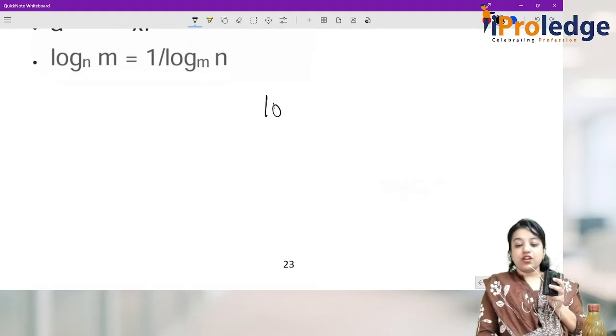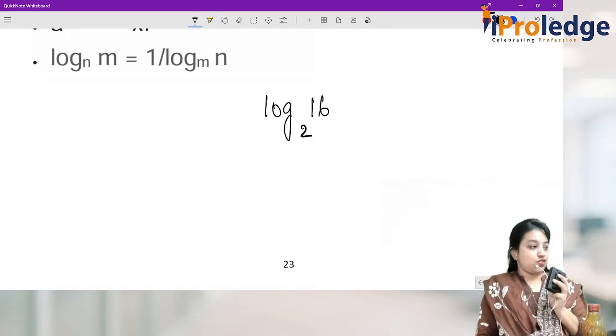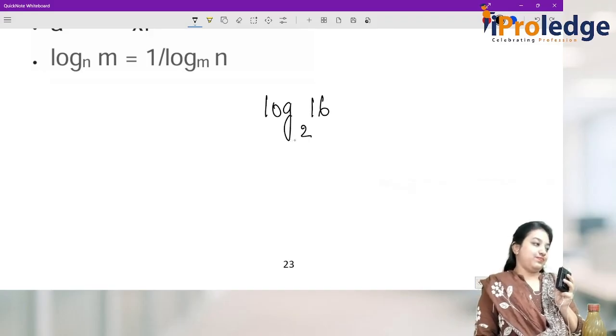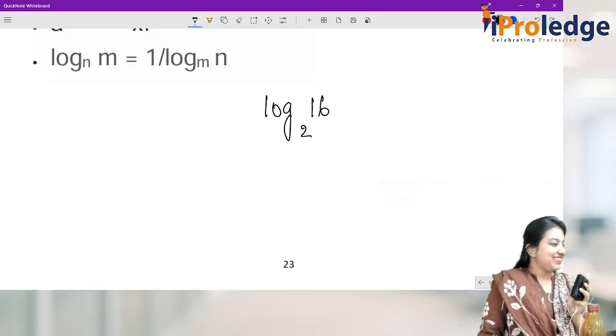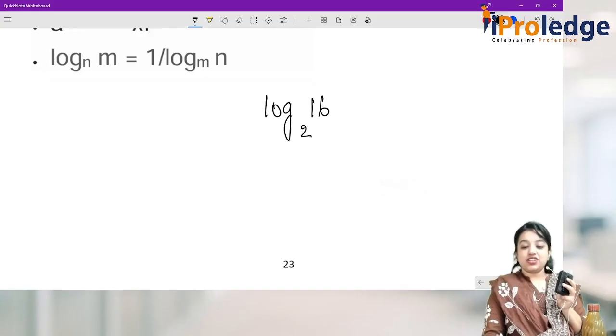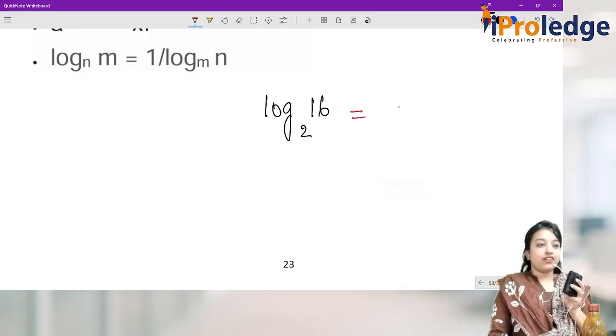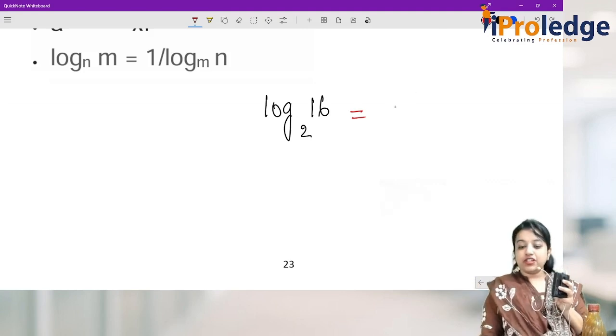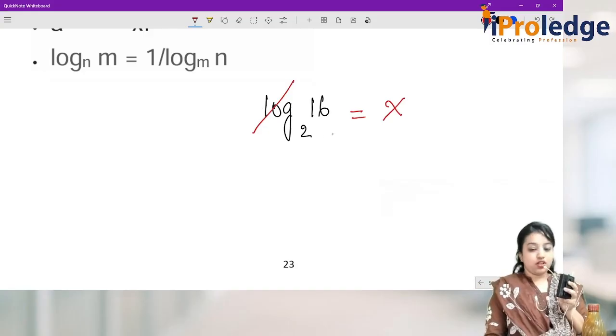So to find out log 16 to base 2, what is the procedure? Okay, what's the procedure? First, let it be equal to x. Then cancel log and bring 2 to the right hand side.